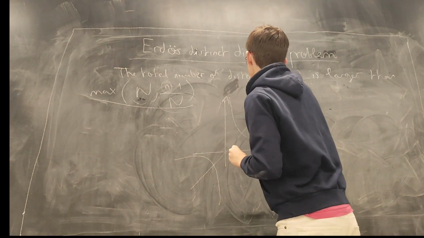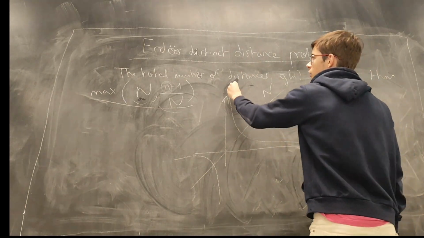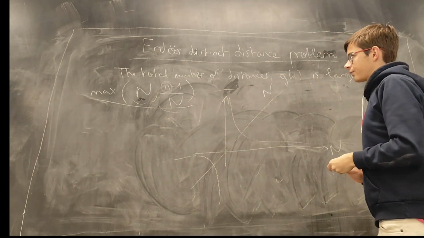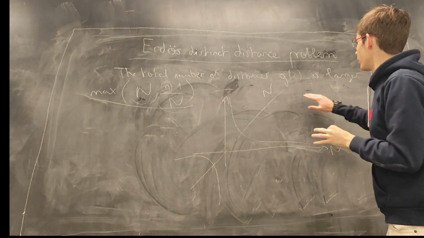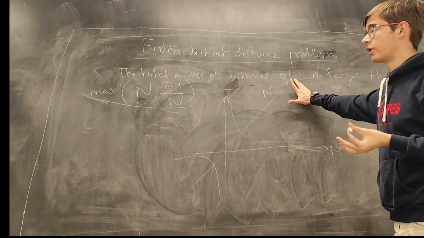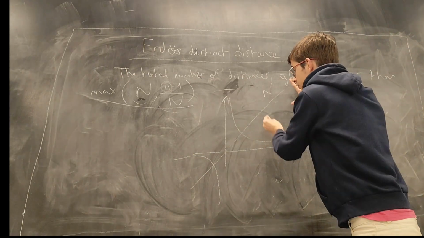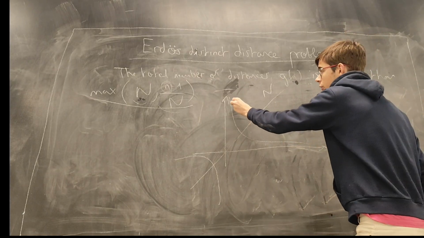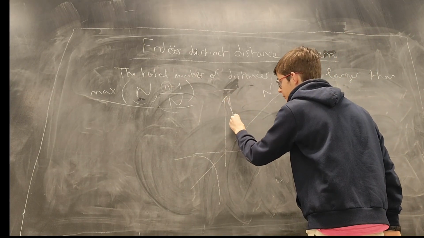And of course n is here, and here we have both of our functions. And so we know that g of n is larger than the maximum of these two functions. So the maximum would be this thing here.